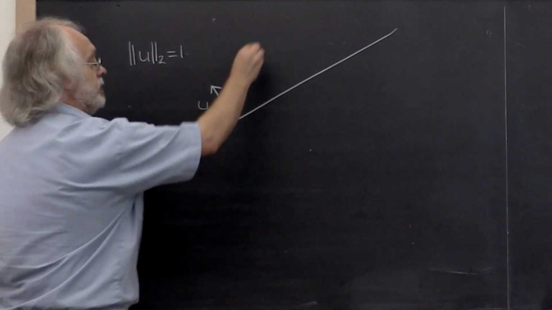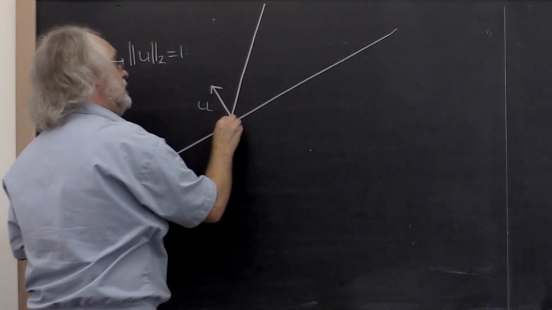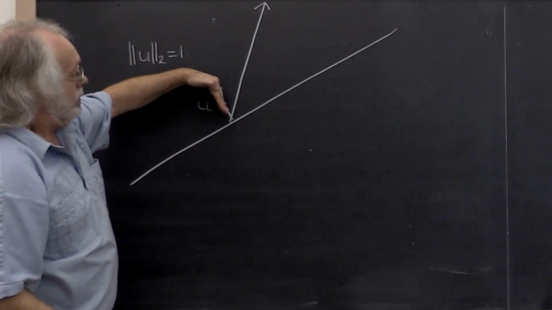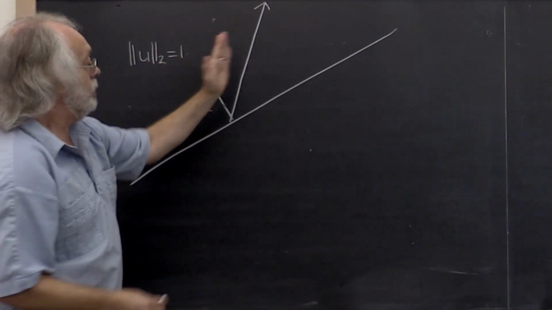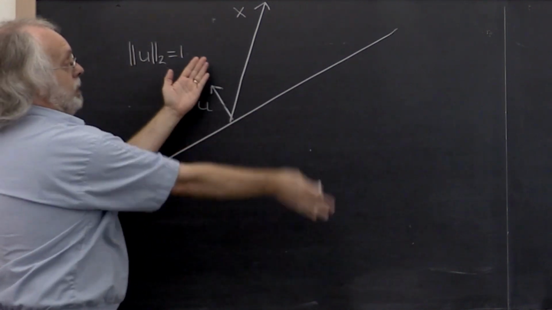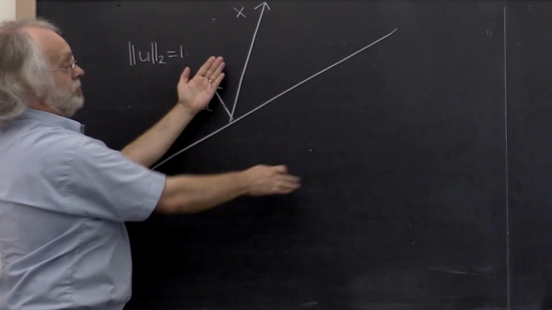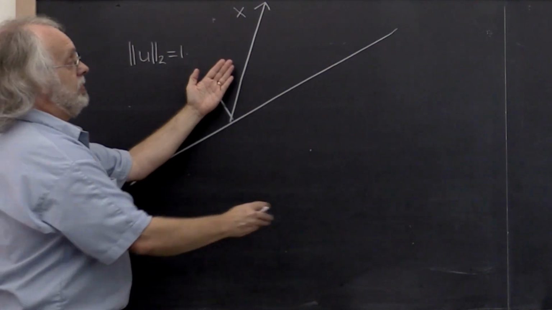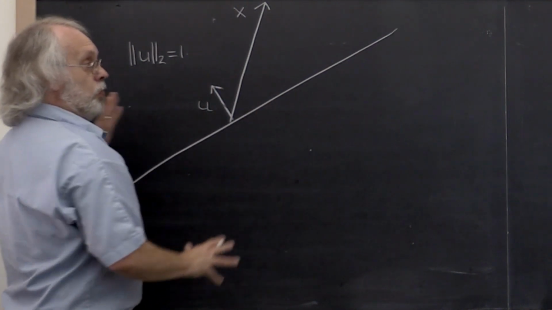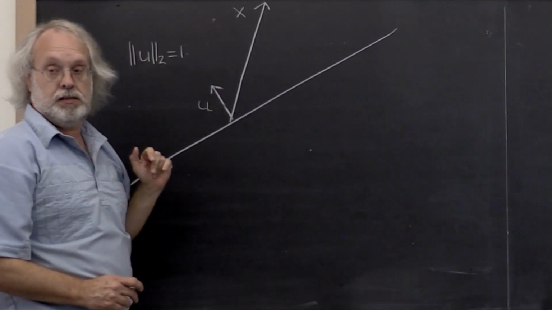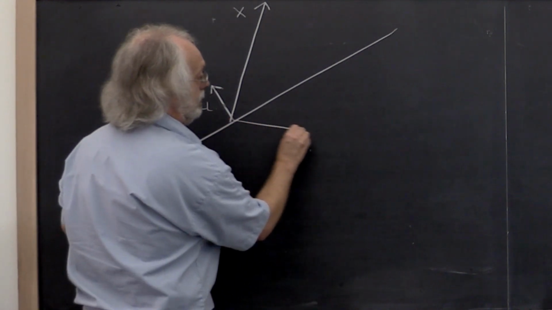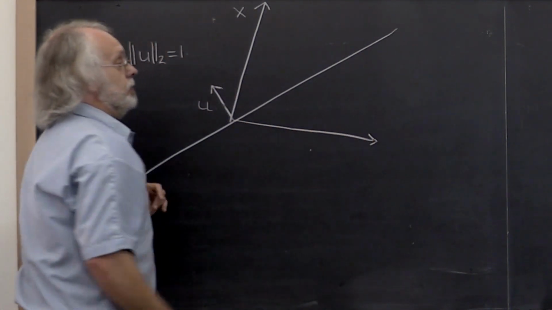And then if you're given any vector like that, notice that u together with that vector, let's call it x, form a span, the set of all vectors that you can get from those vectors is itself a 2-dimensional space, so we can view the chalkboard as being that 2-dimensional space. And then the reflected vector ends up down here.